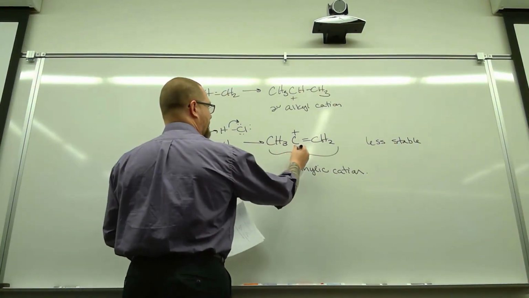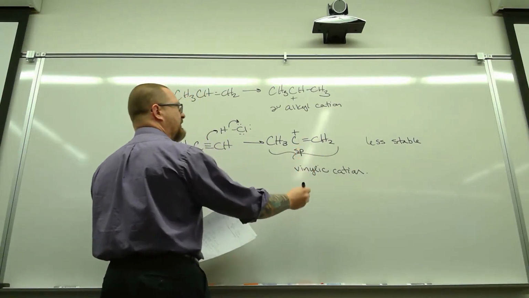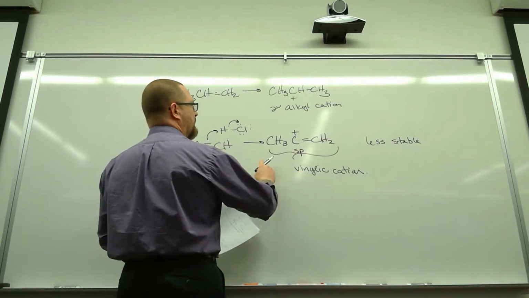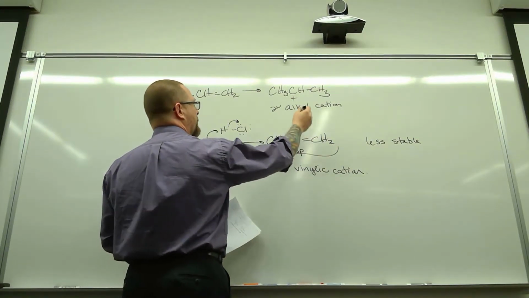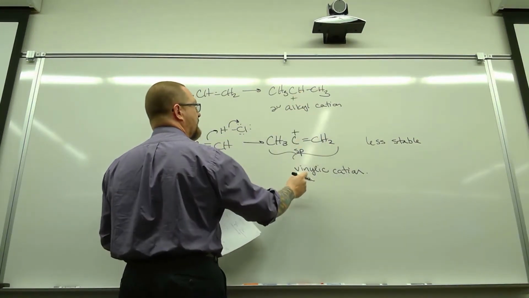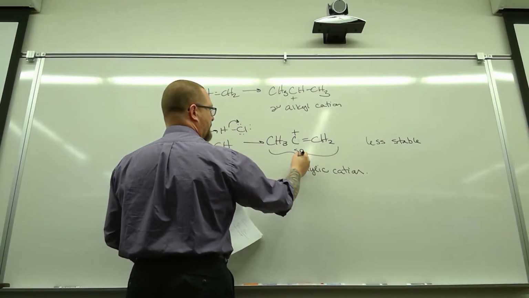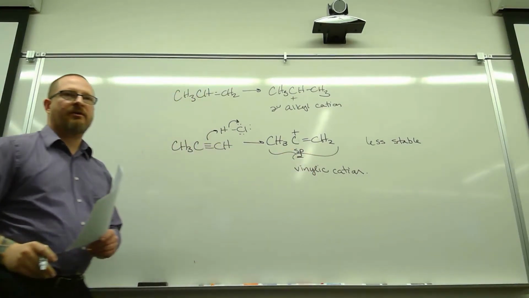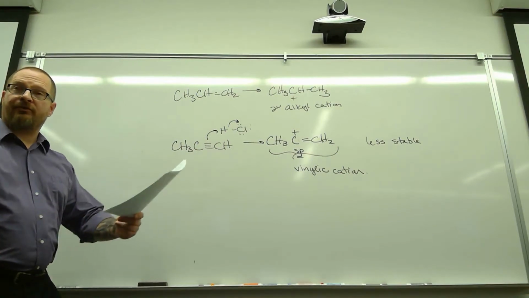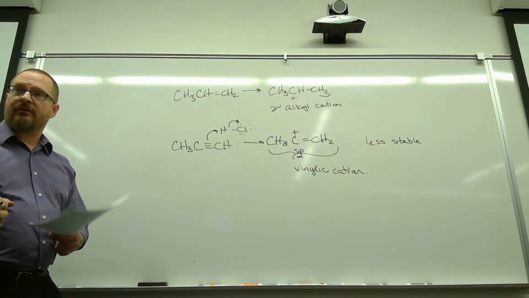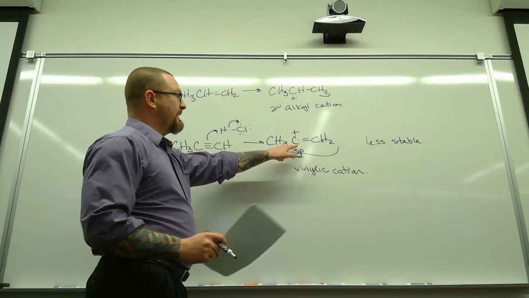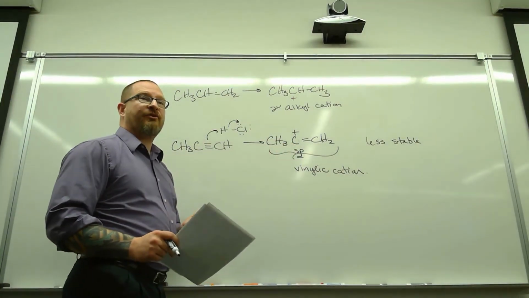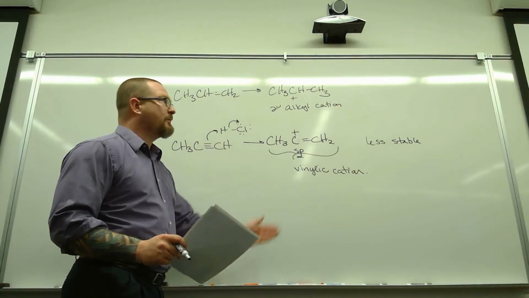So this is sp hybridized still because of the vacant group. This is not. So this is going to have, because of the increased s character, more electrons close to it.